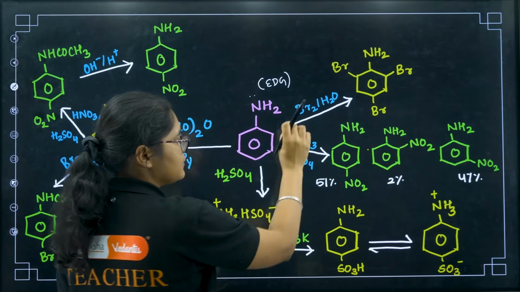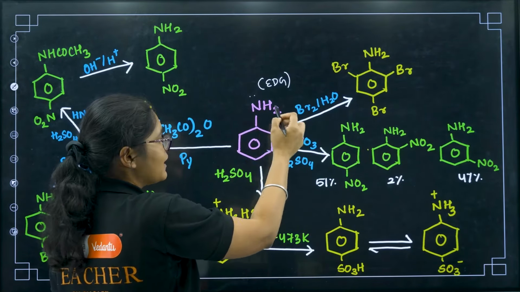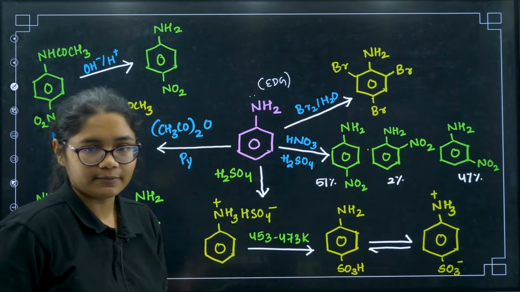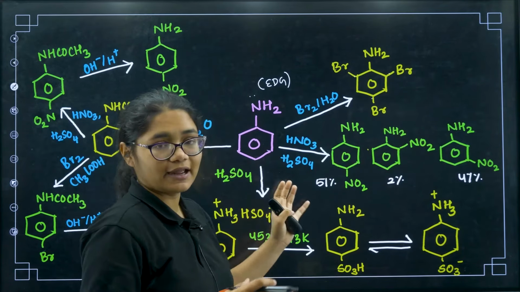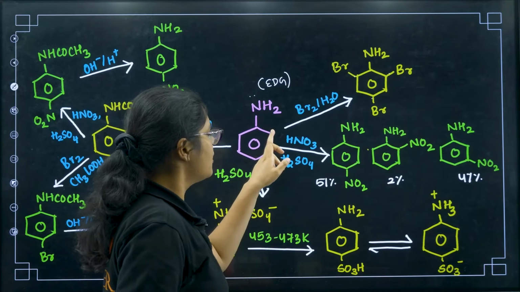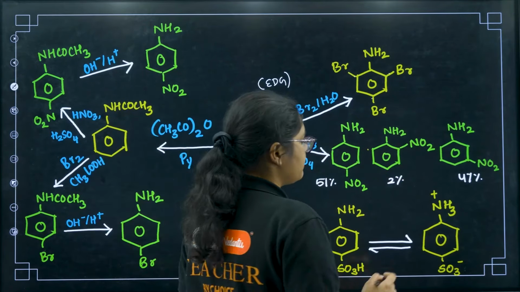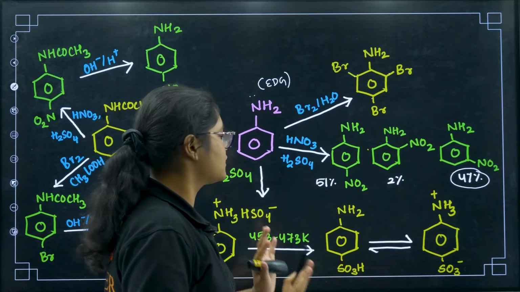If you take bromine water, this is a highly activating group, so immediately all the ortho and para positions will be occupied. Similarly, with nitric acid we get a mixture of ortho and para products, that was obvious, but we also get a good percentage of meta product. Why this happens we will discuss in the questions.